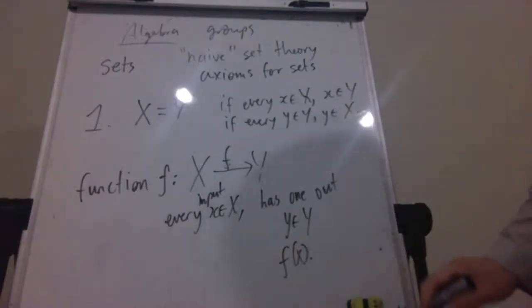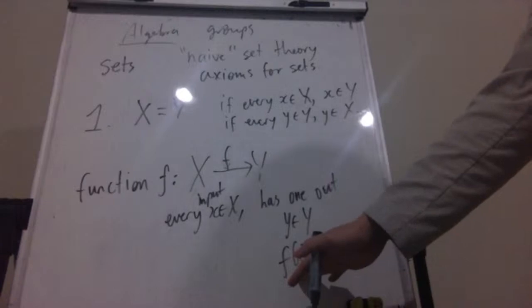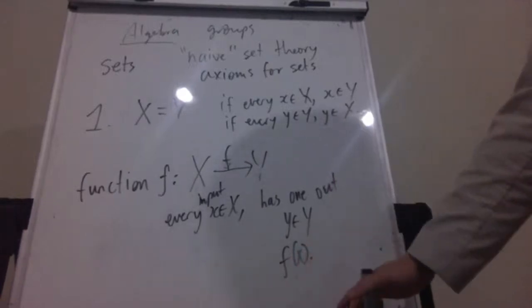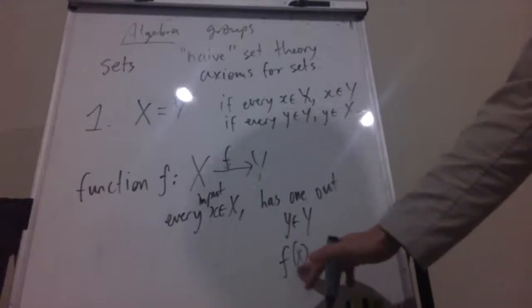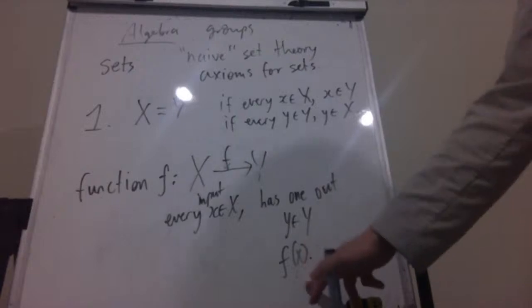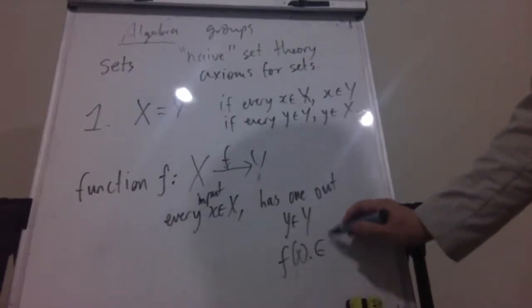The rule is that for every x, you can only have one f of x. You can't have more than one. So f of x only depends on this x. Once you input x, the output is determined, and it has to be inside y.